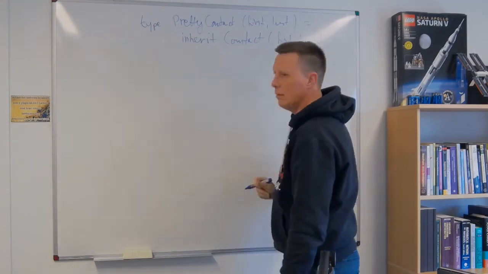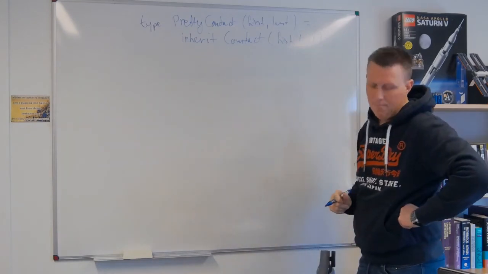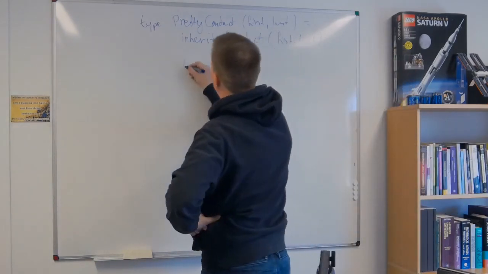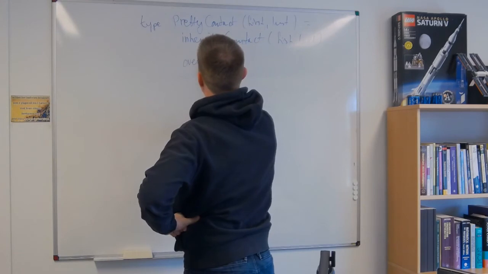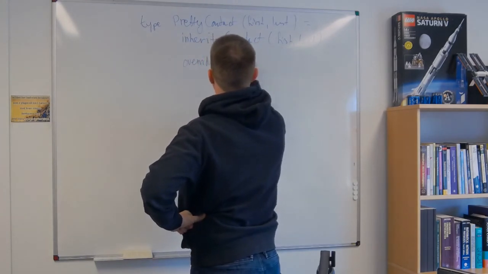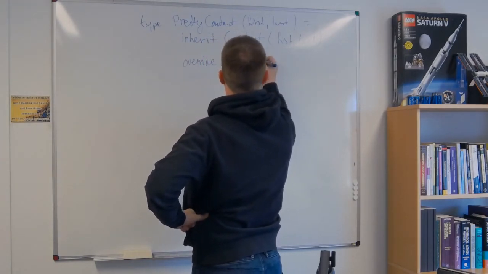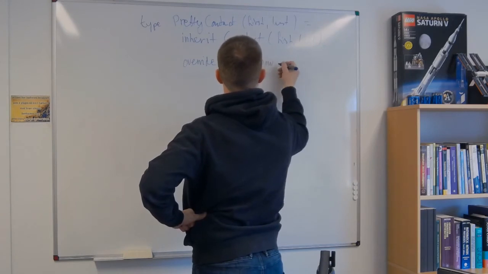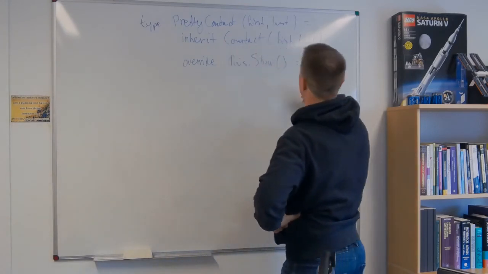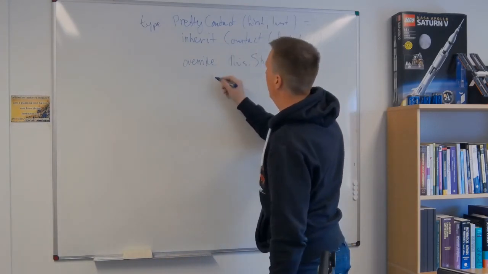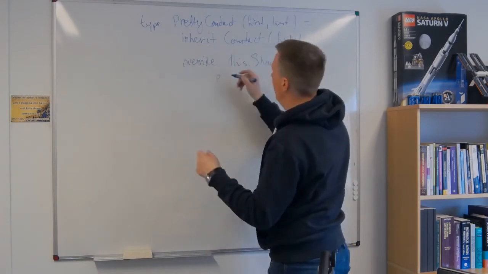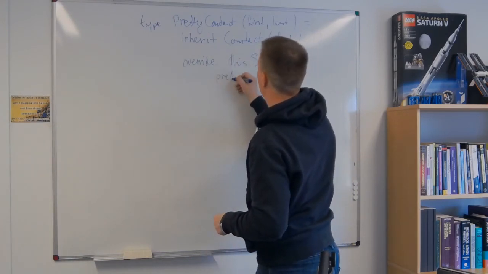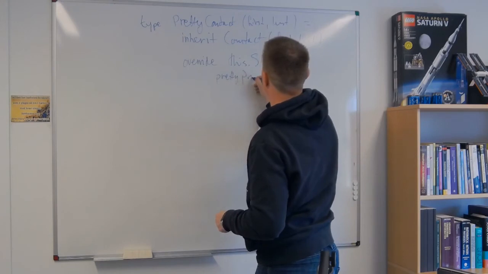First. Okay. And now I can say, okay, override this show equals, and then I have some function that I've implemented somewhere, which I will just call prettyPrint.